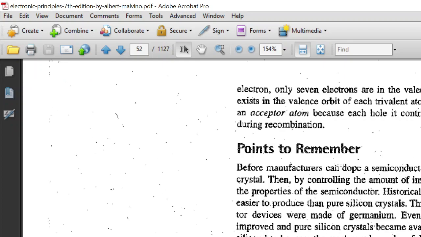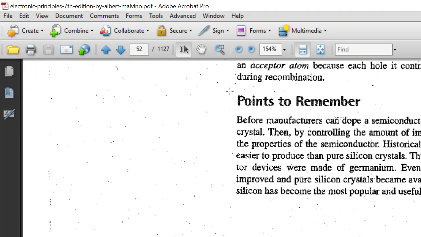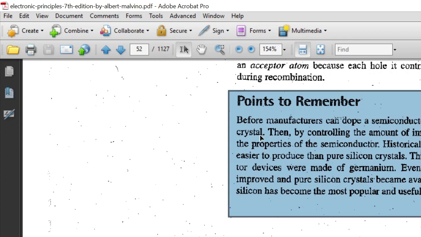So what are the points to remember? We must produce the semiconductor as a pure crystal before doping, and we can control the amount of impurity, and by controlling that amount we can precisely control the number of free electrons or holes in the semiconductor. So we are actually controlling the conductivity property of the semiconductor. Some historical points: historically, pure germanium crystals were easier to produce.